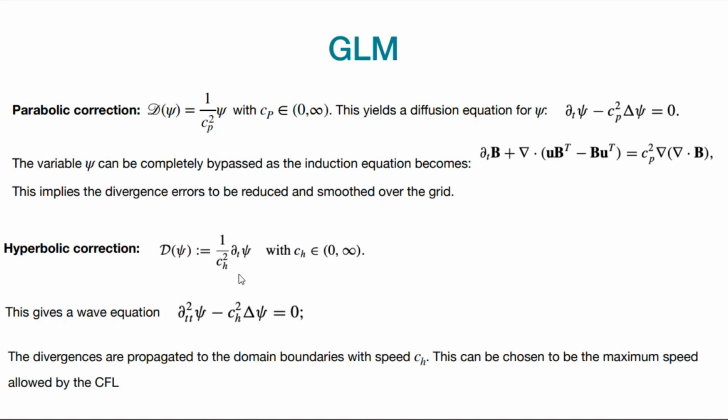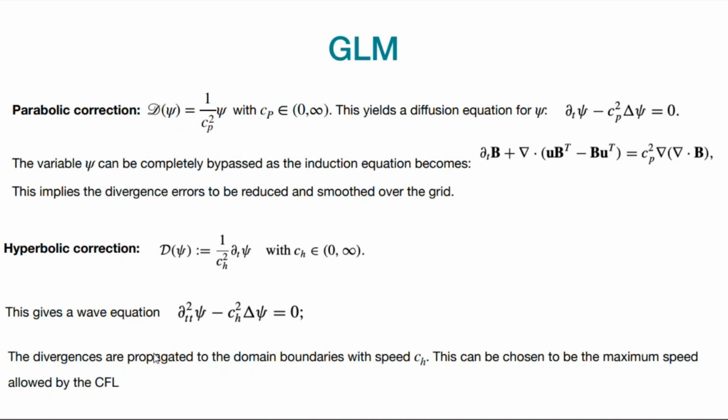Okay, so then you have a hyperbolic correction term. If you use this and use the evolution equation that I showed earlier, you will end up with an equation like this. This is a wave equation. So what is this doing? If you have local errors in the divergence, it is propagating those errors to the domain boundaries at the fastest possible speeds.